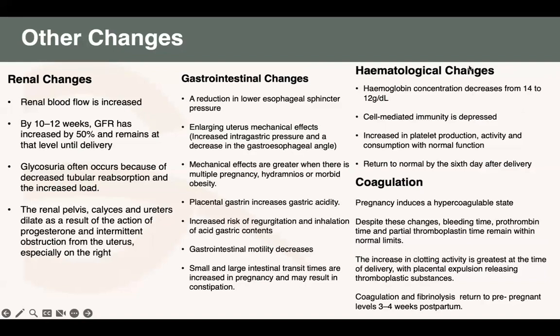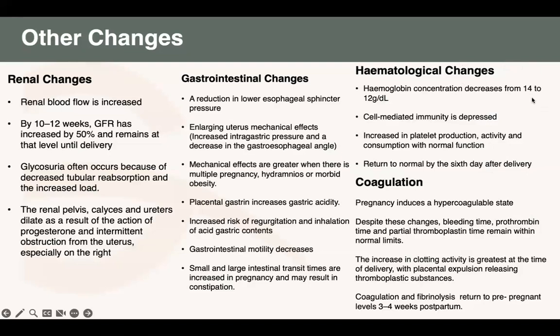You can also notice glucosuria and other changes pertaining to the urinary tract, and frequency of urination due to reduction in bladder capacity. In gastrointestinal changes, it is important to note that there is a decrease in gastric emptying time and an increase in acidity due to different physiological changes.